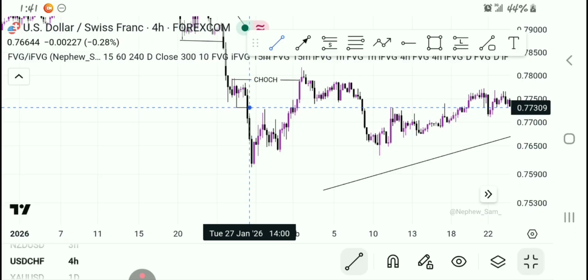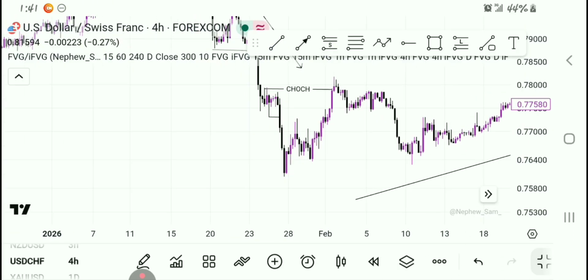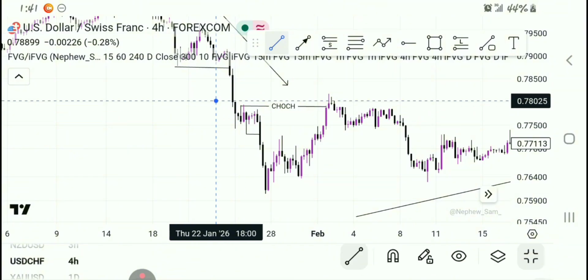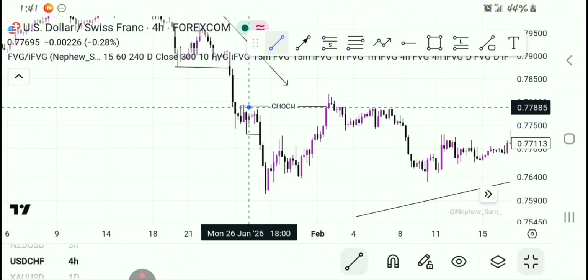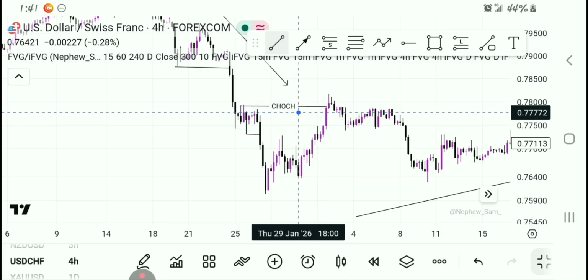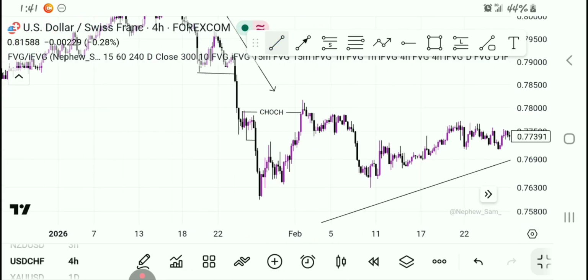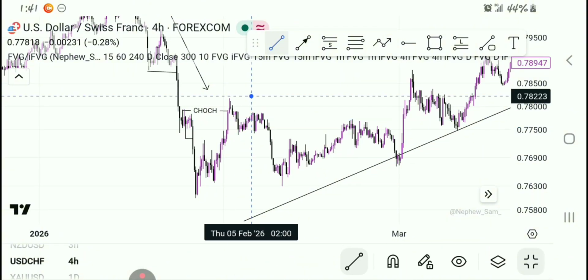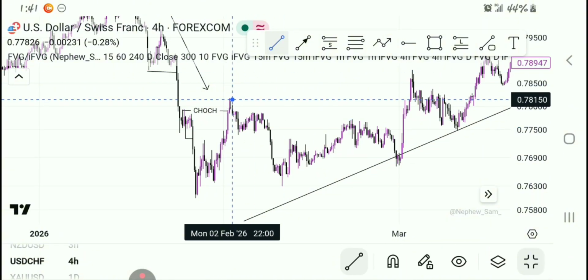Now what happened? Price came back and took out the strong lower high, telling us the market is ready to go into a bullish trend. After the change of character, we are expecting to see BOS. Then we have our BOS here.